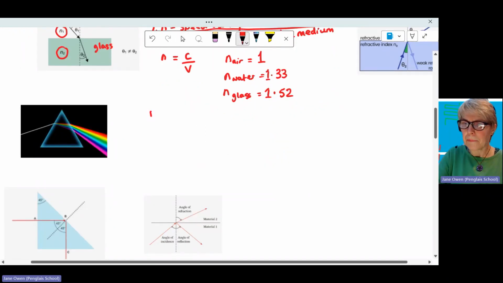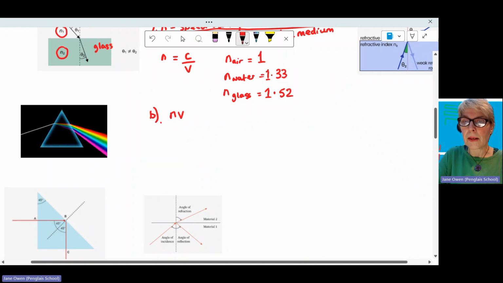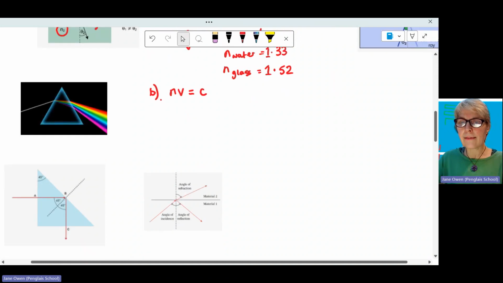Part B. We can rearrange this so that n times v, bringing up v times by n, equals c, which is the speed of light in a vacuum, not to be confused with the critical angle, which we will look at later, but this here is the speed of light in a vacuum. That is given as a constant.